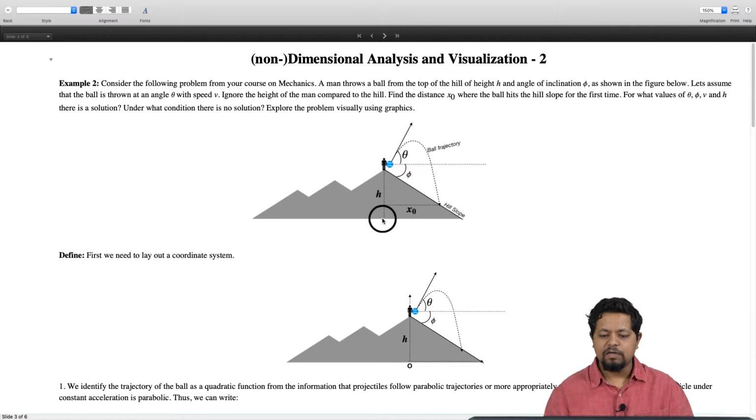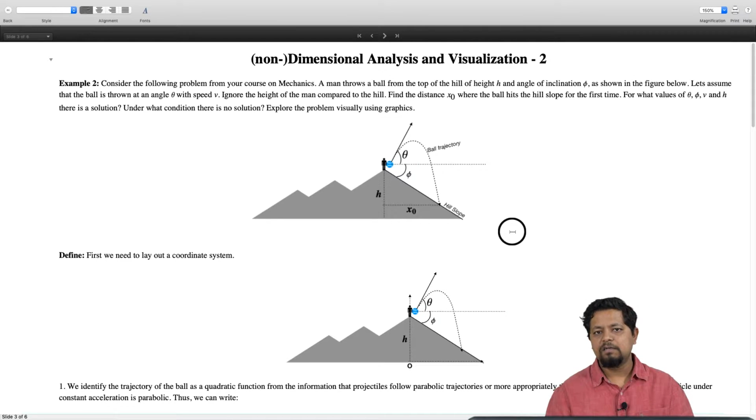The problem is to find out the horizontal distance from the man's position, that is right underneath the hilltop, all the way to the point where the ball hits the slope. In order to solve this problem, first we need to define the problem, that is, lay out the coordinate system and write down the basic physics components.